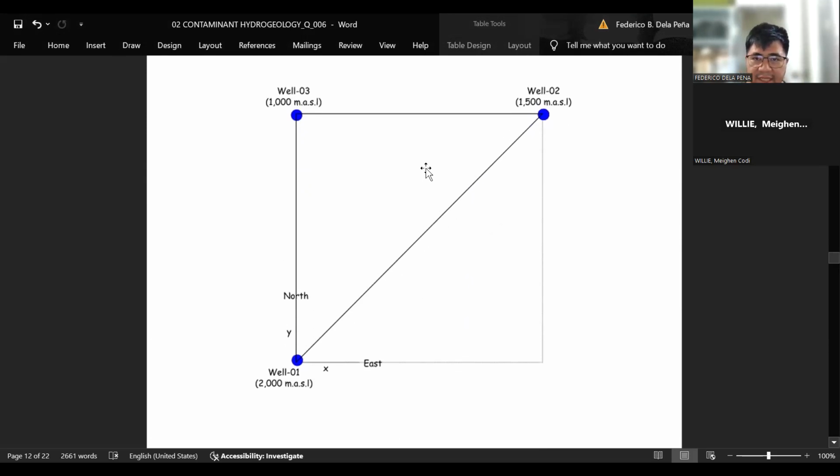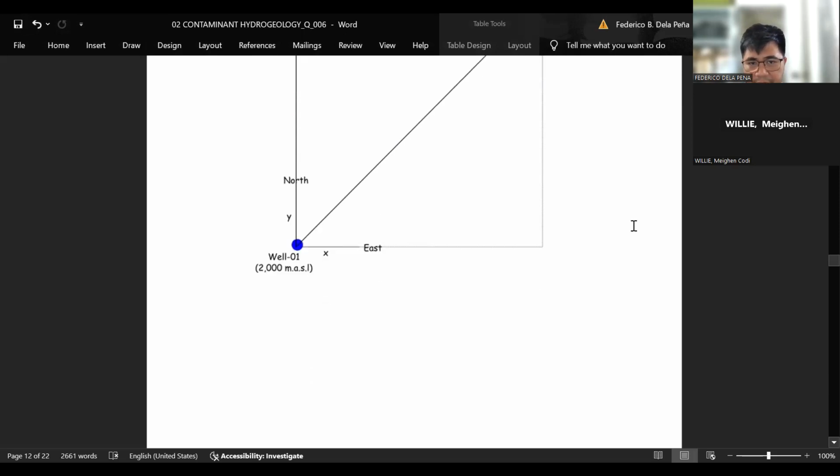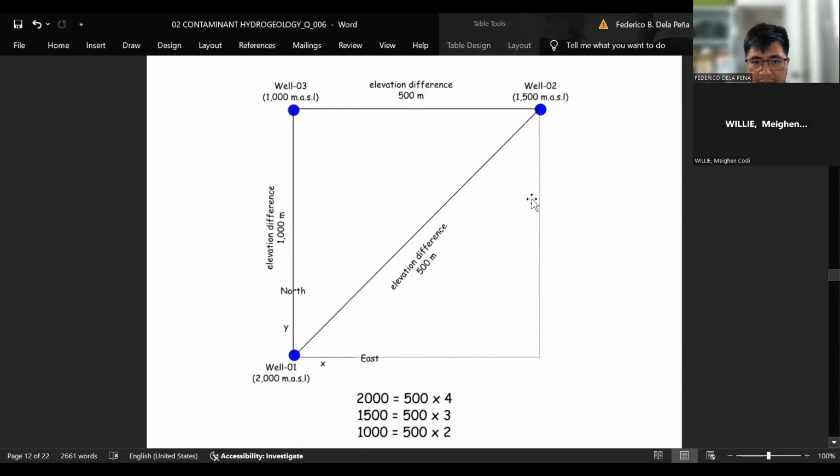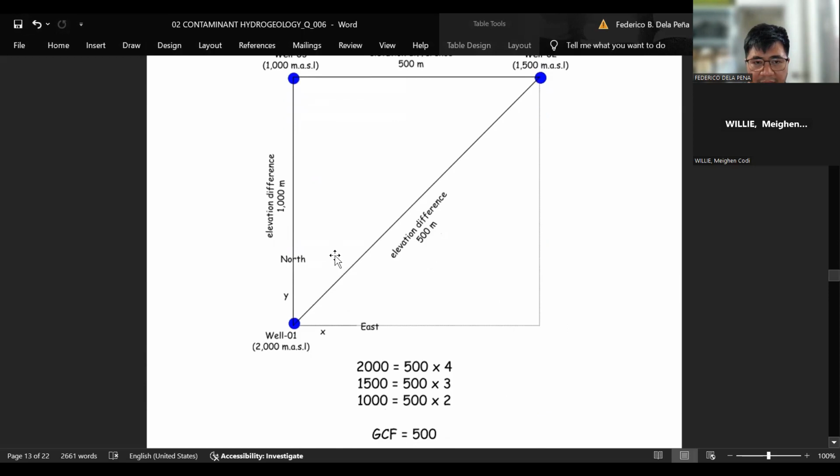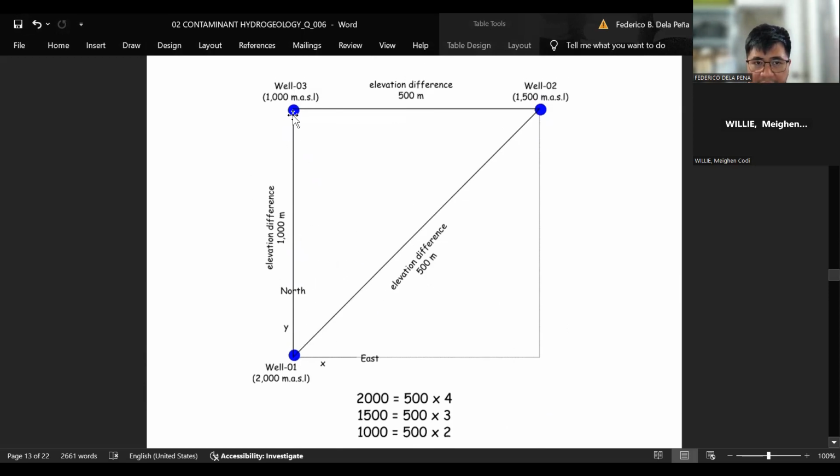Step two is easy. You just have to draw straight lines connecting all the wells. In this case, you only have three wells, so you just have to draw a triangle connecting all of them. Step three is to calculate the elevation difference between the three wells.